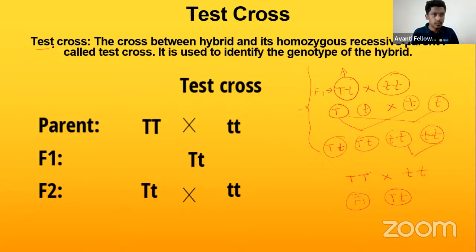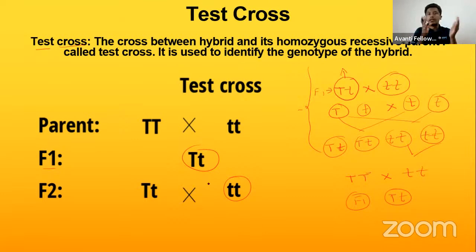So what is a test cross? A test cross is conducted for what purpose? To understand the genotype of an individual plant or an individual organism. So if I want to understand the genotype of an organism, I take the F1 generation and cross it with the homozygous dwarf plant. If I do it, I get the tall plants as well as the dwarf plants.